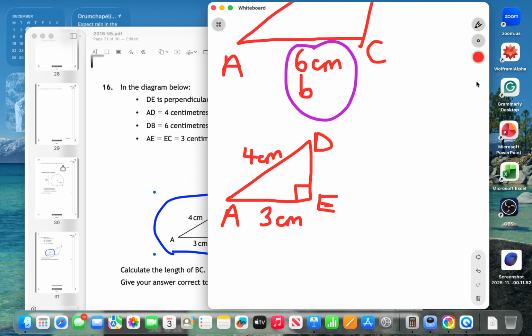And we want to find this angle. This is angle capital A. We'll call this angle capital A.